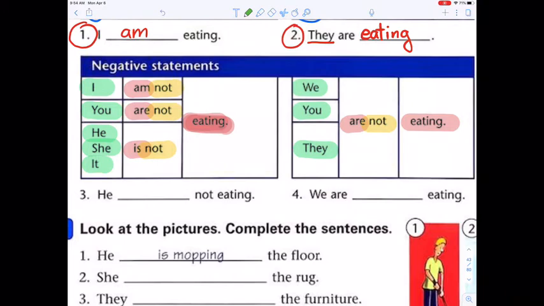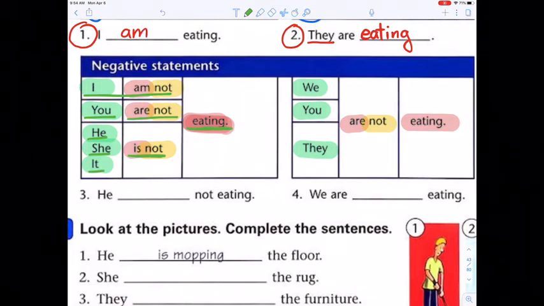Let's read these sentences. I am not eating. You are not eating. He is not eating. She is not eating.